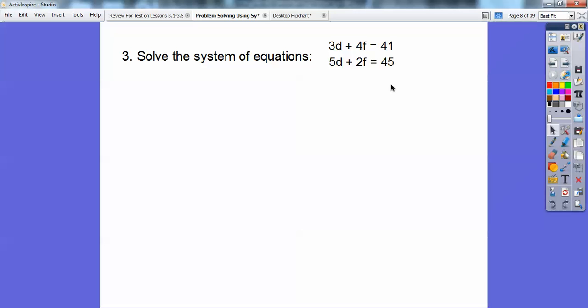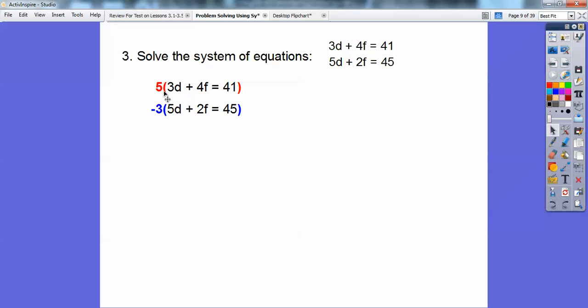So we can look at these and make these both 15D and negative 15D, or make these both 4F and 4F. I should have done the F's, and I don't know why, but I changed them to 15. You'll get the same answer, you guys. I'll probably do the F's in class tomorrow, but I'm going to get the 15D by multiplying this equation times 5.